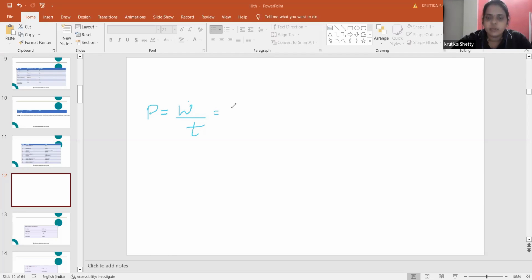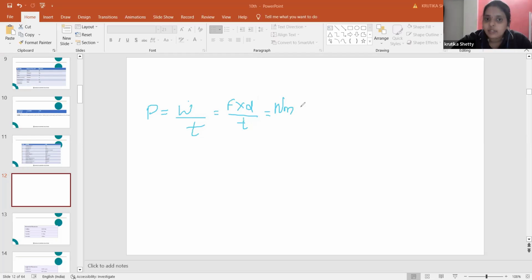So work is equal to, I know the formula, so what does the work formula give? It is nothing but work is equal to force into displacement, upon time. Force we know, that is given in terms of Newton or kg meter per second square. Displacement is expressed in terms of meter.